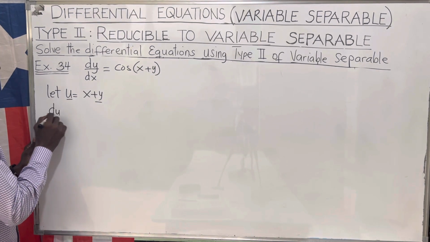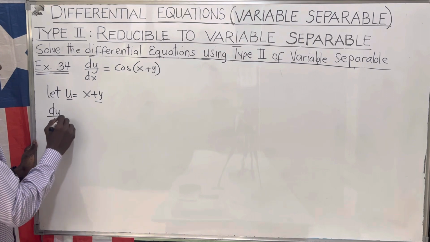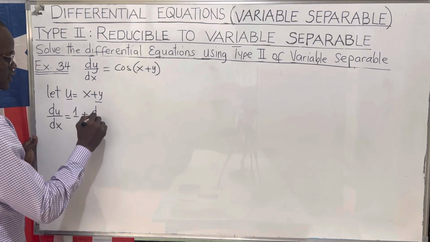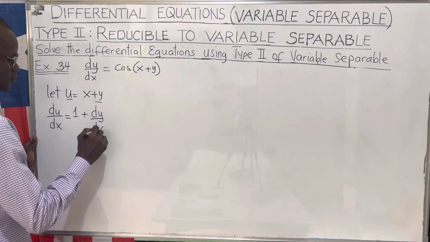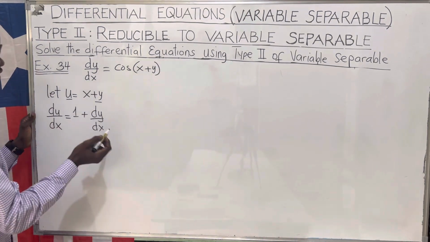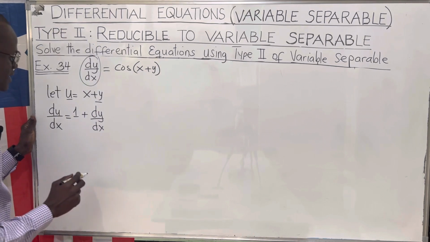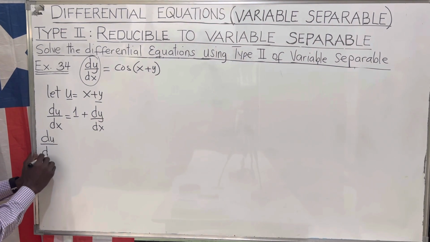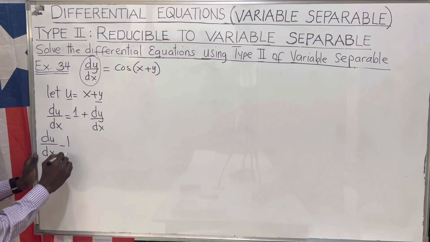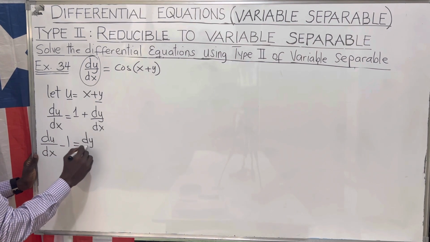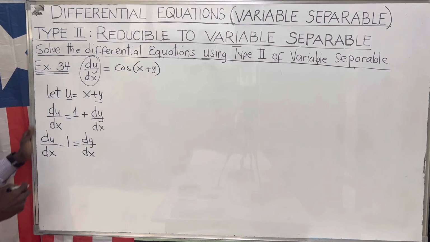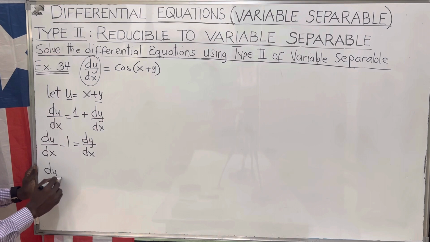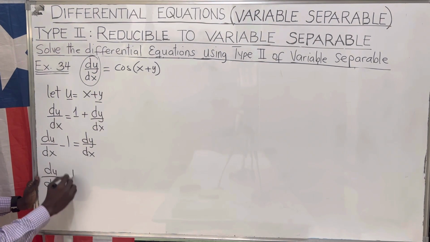So we will have du over dx equals, the derivative of x is 1, the derivative of y is dy by dx. So this is the first step. The next step is for us to solve for dy by dx. So we have du over dx minus 1 equals dy by dx.